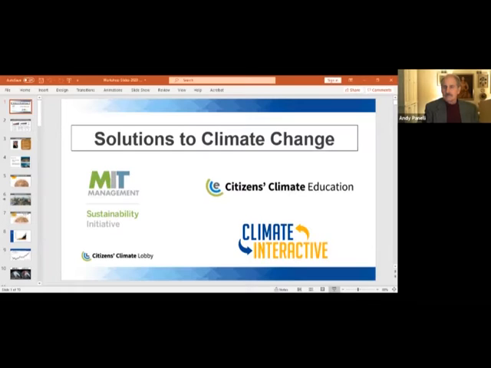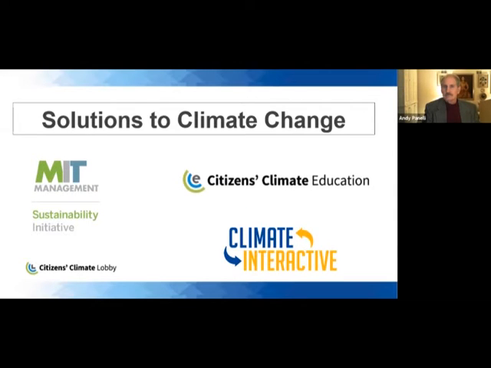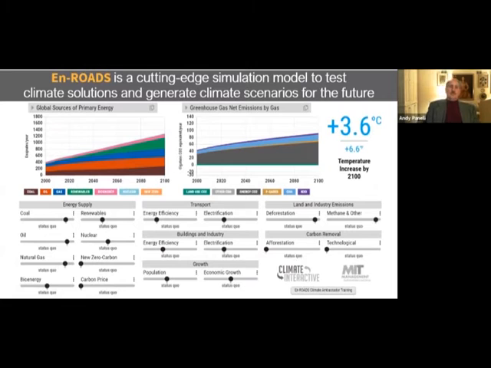Let me just share screen and show you what the simulator looks like. So the simulator will look like this. It's a very complicated piece of software that does about 16,000 calculations in a millisecond.